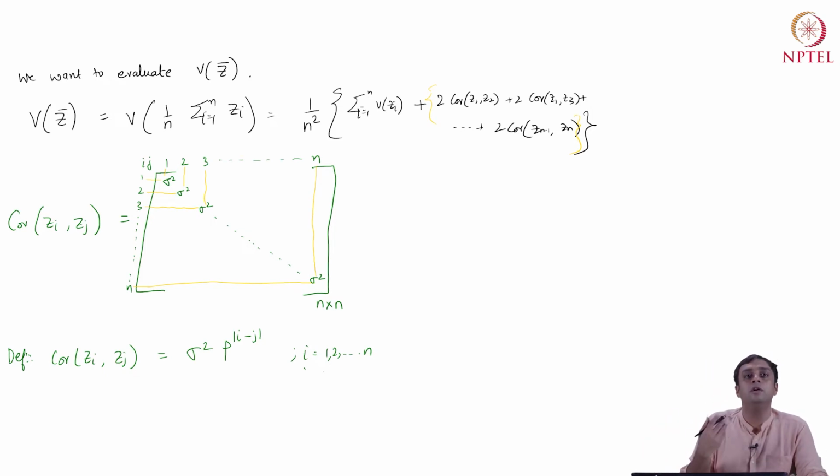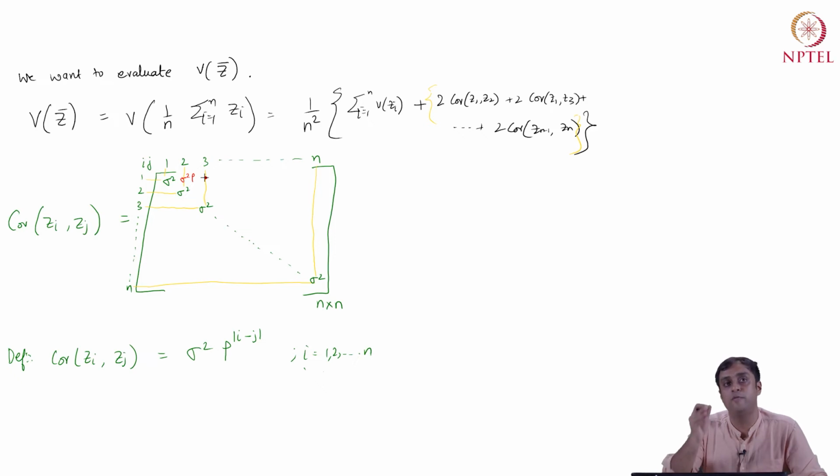Now let's come back to the off diagonal elements. What is this off diagonal element here? This represents covariance Z1, Z2, which we have seen previously is equal to sigma squared times rho. What about this element here? It is sigma squared rho to the exponent absolute value of 1 minus 3, so I have sigma squared rho squared.